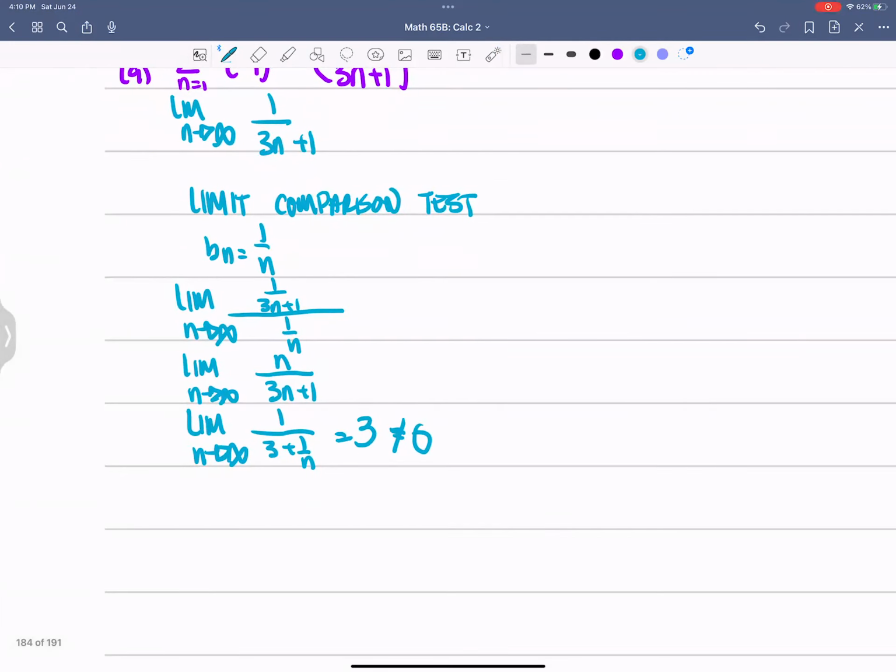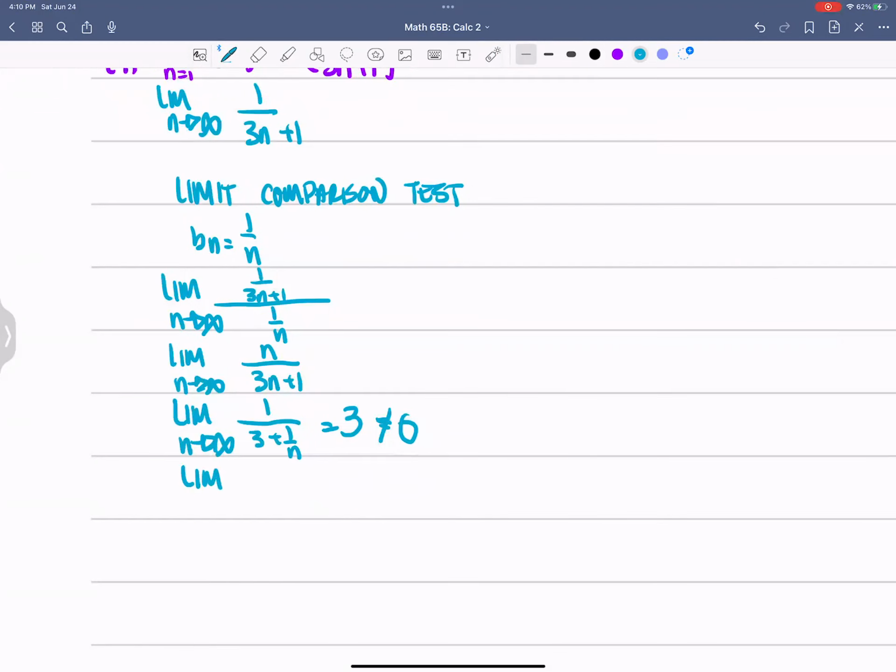So we have the limit as n approaches infinity of our other function, 1 over n, and we know that this diverges. Because of this, the absolute value diverges.